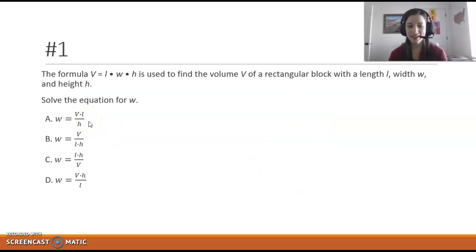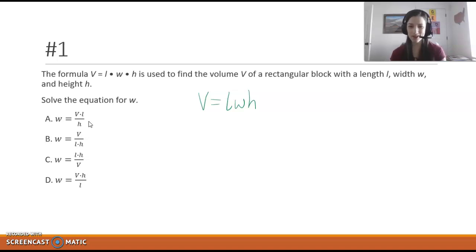All right, our next example, we've got that the formula for volume is length times width times height. So it's used to find the volume of a rectangular block with length L, width W, and height H. So solve the equation for W. So we've got V, our volume, equals our length times our width times our height. So I want to get W all by itself.